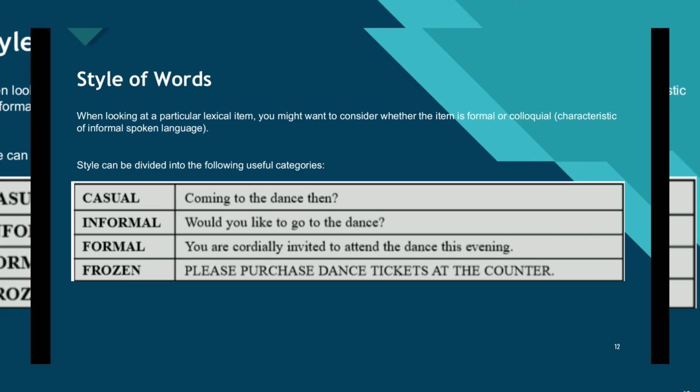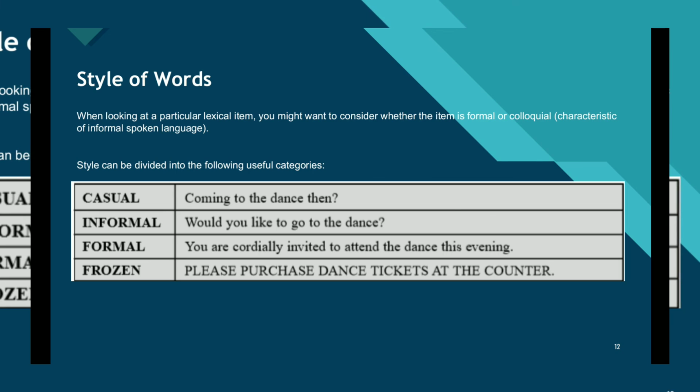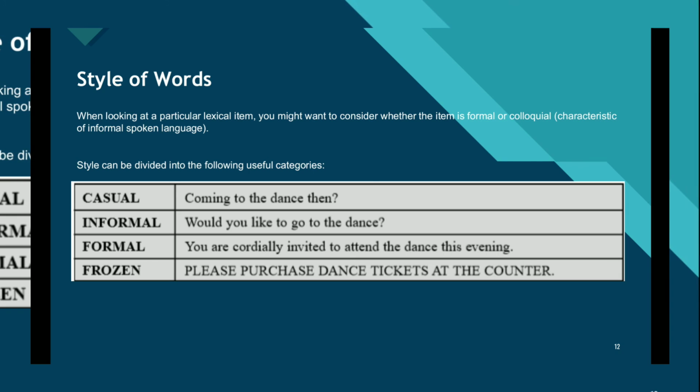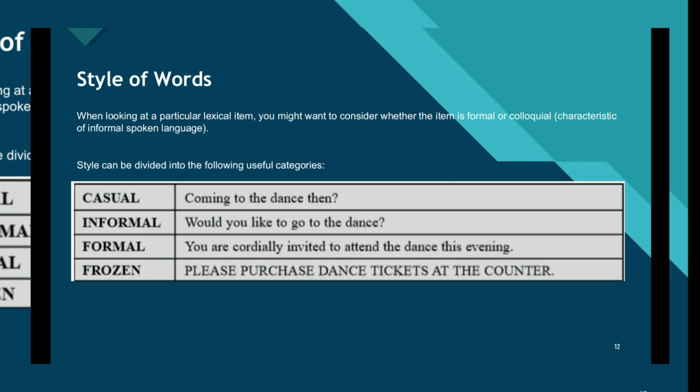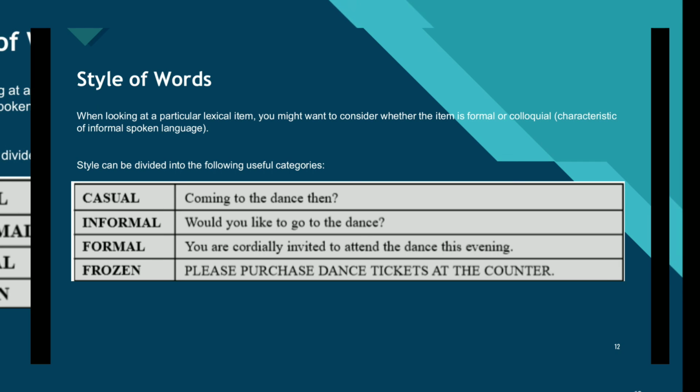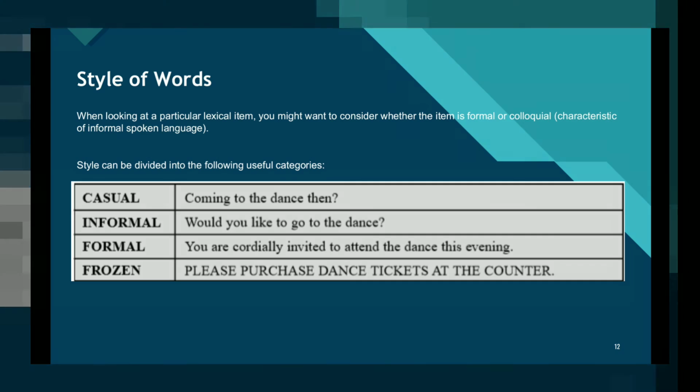First, casual. Second, informal. Third, formal. And the last one is frozen. Frozen style is the name that has been given to things like public notices, which are universally recognized wherever you go in an English-speaking country.